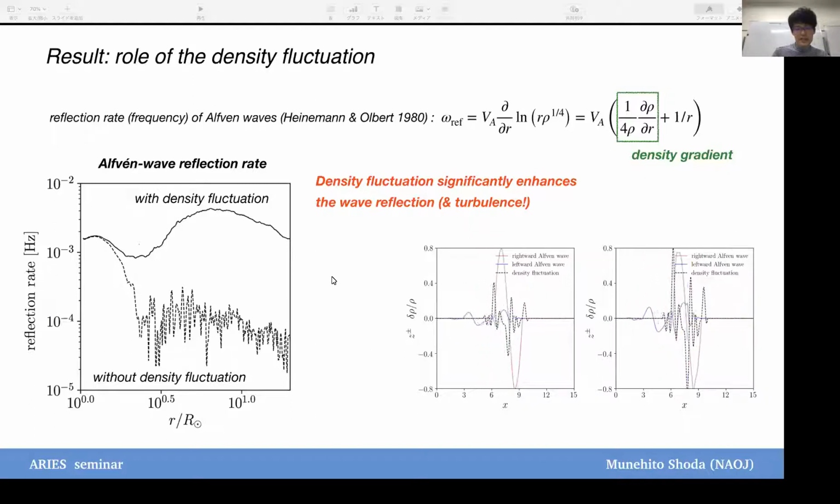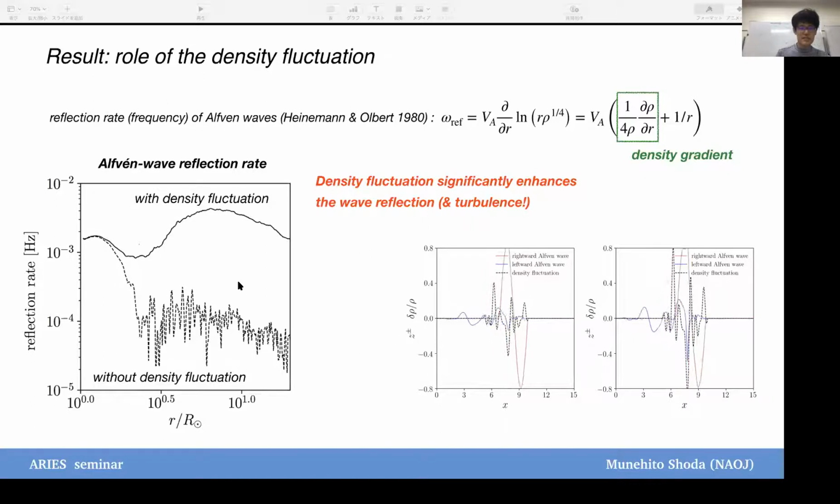The reason why the density fluctuation enhances the wave reflection is demonstrated by this animation, which I showed in the introduction part. So again, by the collision of the Alfvén wave and the density fluctuation, a significant amount of the forward-going or outward-going Alfvén waves are reflected back.